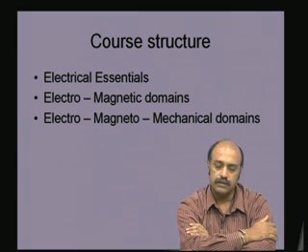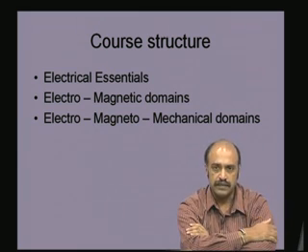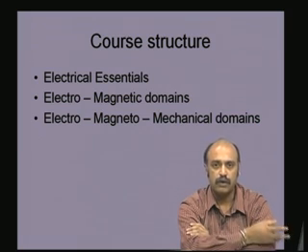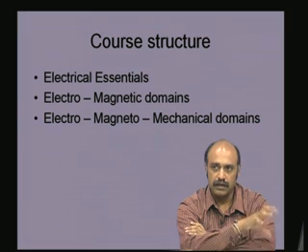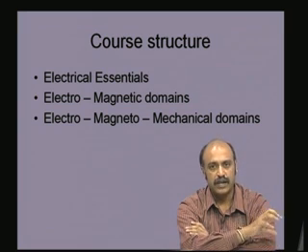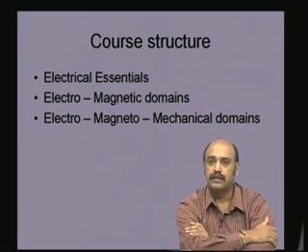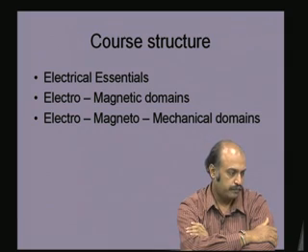So, the machines will have all these 3 domains, that is the mechanical domain, the electrical domain, and the magnetic domain involved. Therefore, in fact, many of the electrical systems will involve these equipments also.